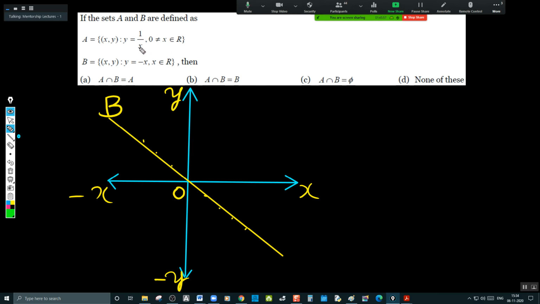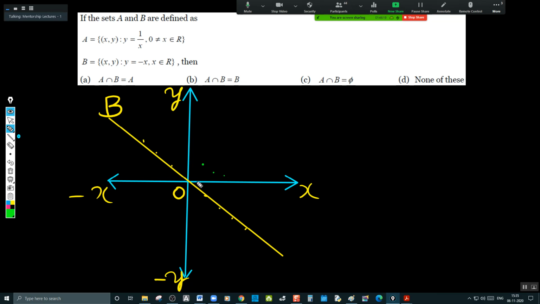If you put x equal to 1, what is y? 1. Somewhere here, let me say. If you put x equal to 2, what is y? Half. If you put x equal to 3, what is y? 1/3.